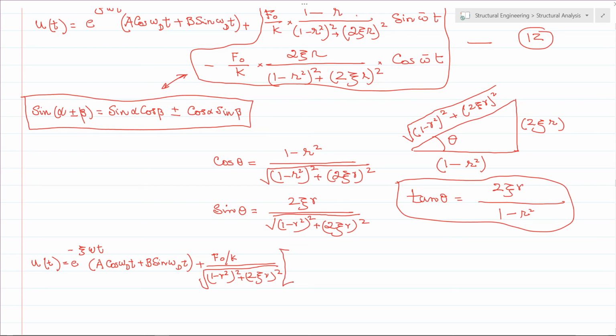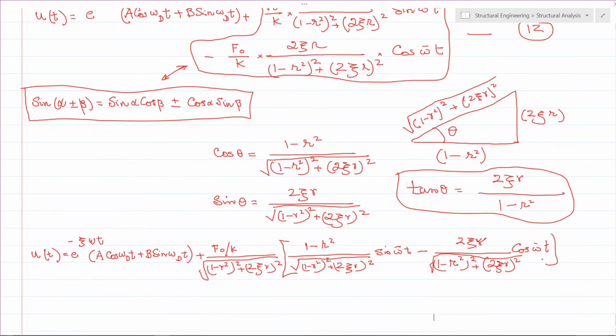Then what I will be left with is (1 minus r square) divided by the square root of ((1 minus r square) whole square plus (2 xi r) whole square) into sine omega bar t, minus 2 xi r over the square root of ((1 minus r square) whole square plus (2 xi r) whole square) and cos omega bar t.